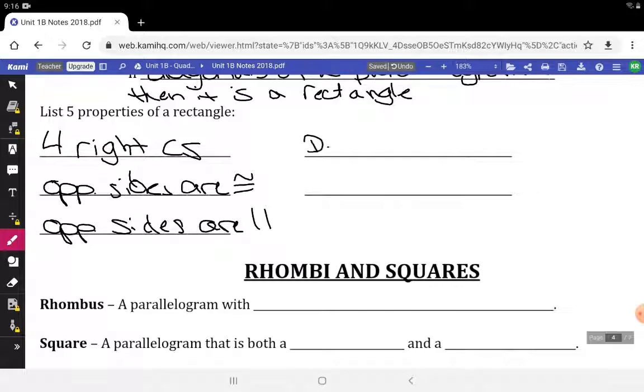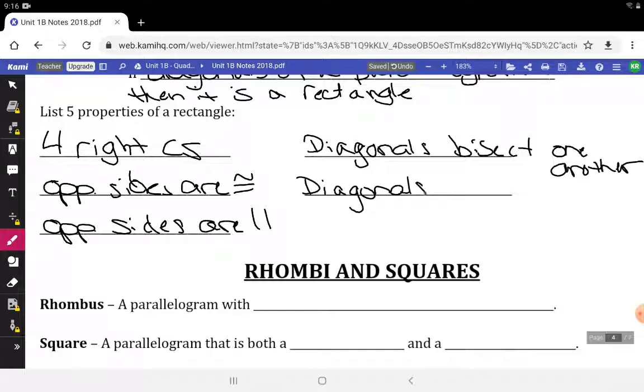We know that the diagonals bisect one another. Running out of space. And we know that diagonals are congruent. Okay, so here we have all of the properties of a rectangle.